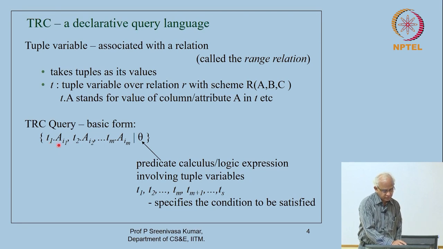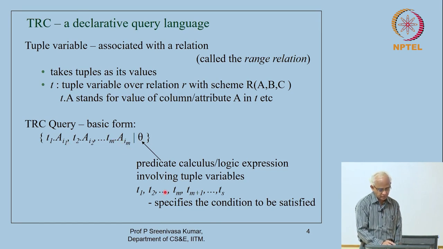These T1, T2, through Tm would be the free variables in the logic expression. What is not quantified is a free variable. If some variable is quantified, then we call it a bound variable. The free variables are the ones that are used on the left hand side, and some components of those tuple variables will be projected as a result of the query.